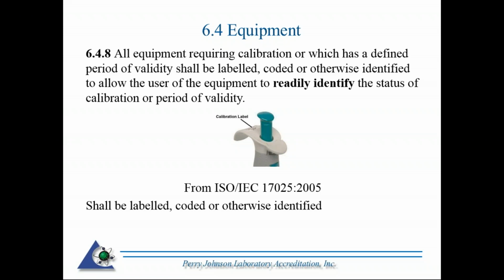So typically with a pipette that I depicted there, that calibration label was required in 2005. In 2017, if the pipette did not have the label on there, it does not necessarily constitute a non-conformance. And again, I'll emphasize a label can still be used, still meet the requirements.